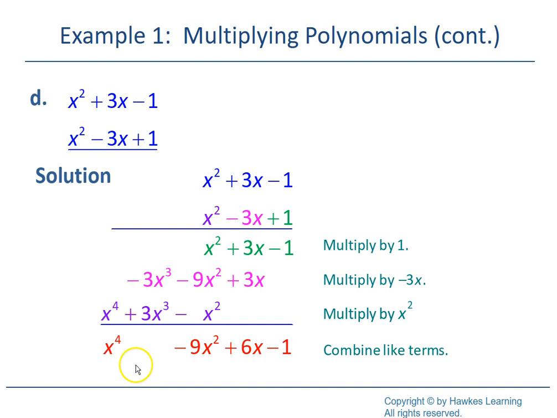Notice these canceled out. And let's just review. What is the degree of this expression? And if you said 4, that is correct. What is the leading coefficient? Well, it would be the 1 that would be in front of the x to the 4th.